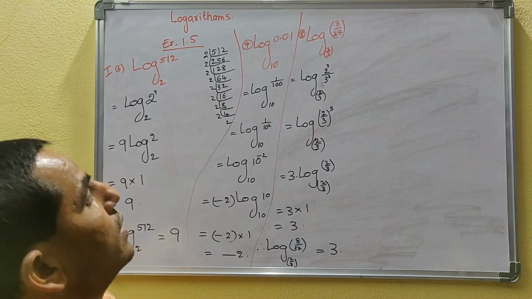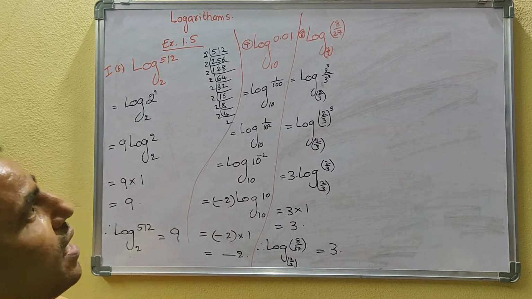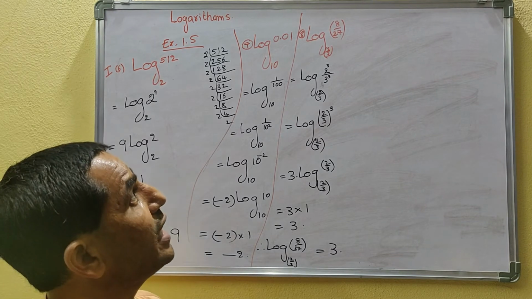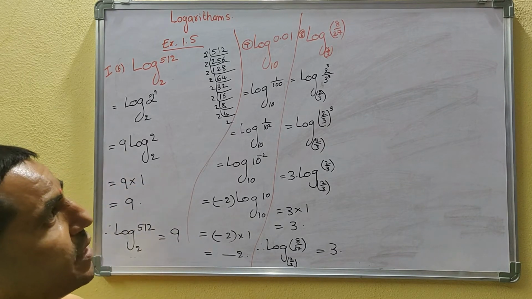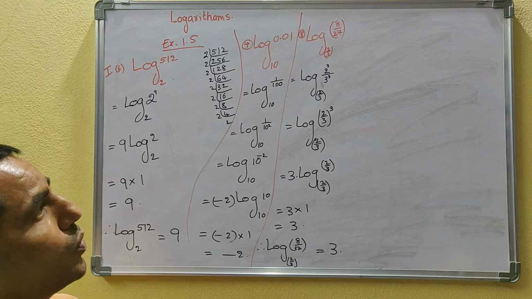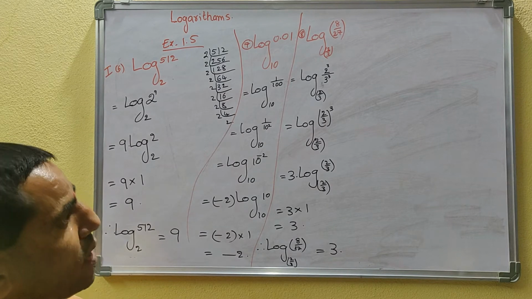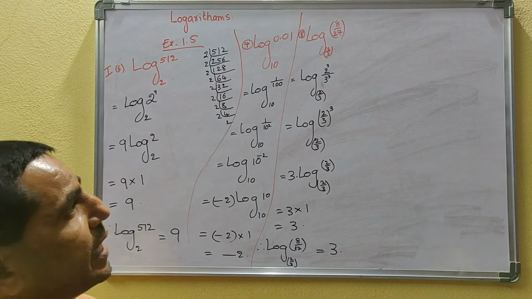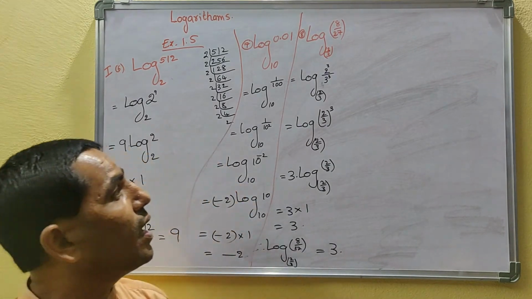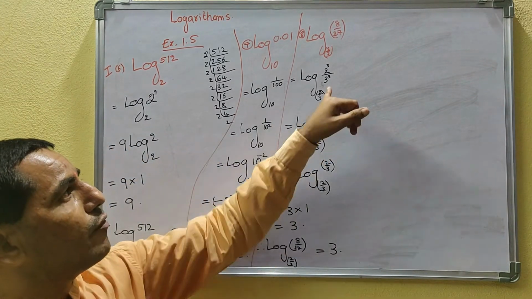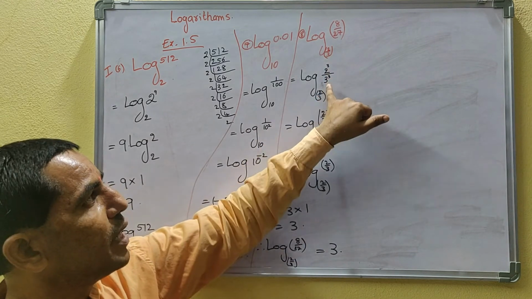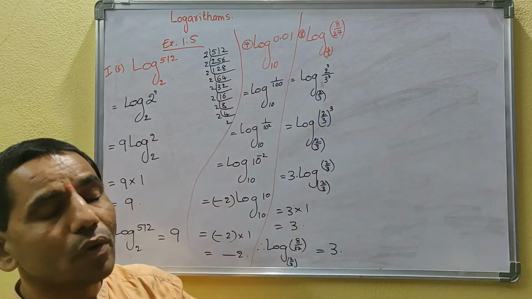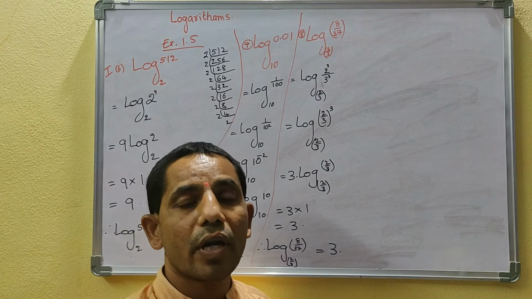It is very important. Once again, log 8 by 27 base 2 by 3 is equal to log 2 cube by 3 cube base 2 by 3. So here 8 can be written as 2 cube, 27 can be written as 3 cube. Again log 2 by 3 whole cube. Here we have one formula, a to the power of m by b to the power of m is equal to a by b whole to the power of m.